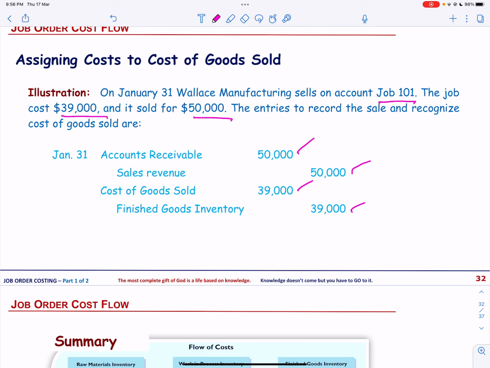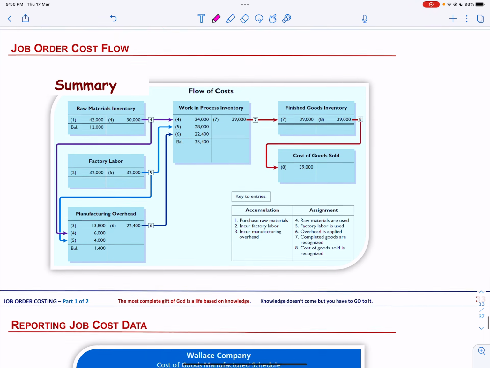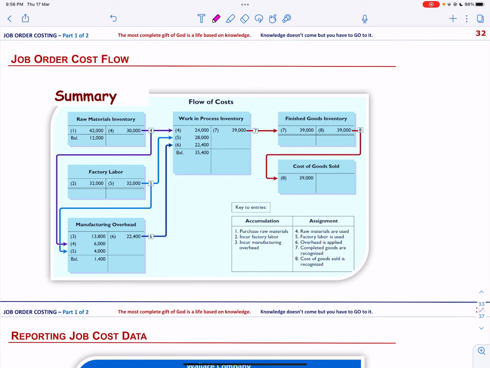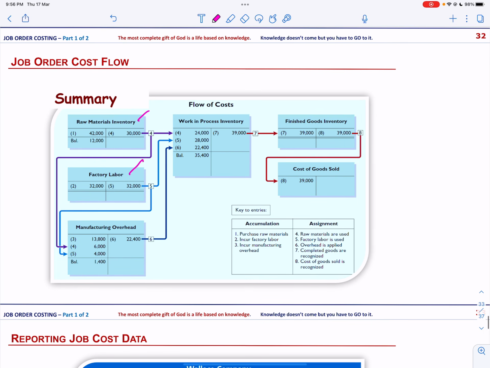In the next slide, let us summarize the whole discussion. The company first accumulates cost by purchasing raw material, incurring labor cost, and incurring manufacturing overhead cost. Once the company has incurred these manufacturing costs, it assigns them to specific jobs. For example, as it uses raw material on a specific job, it assigns them to work in process or treats them as manufacturing overhead if the raw material cannot be associated with a specific job.